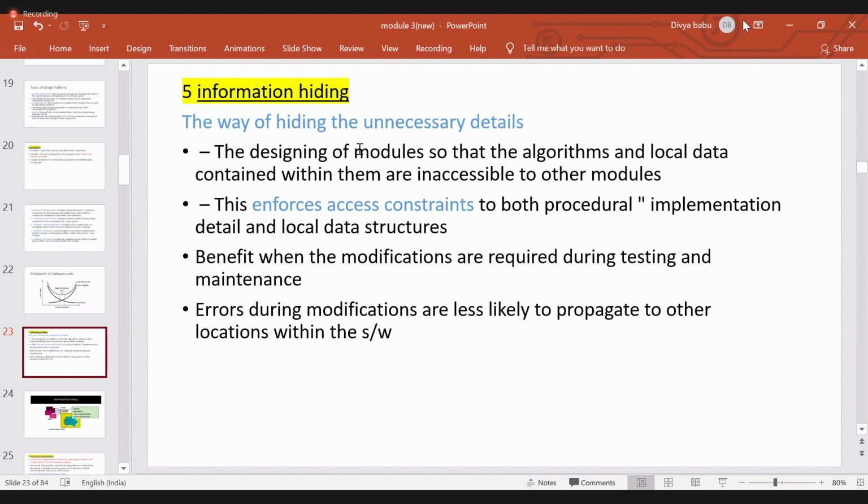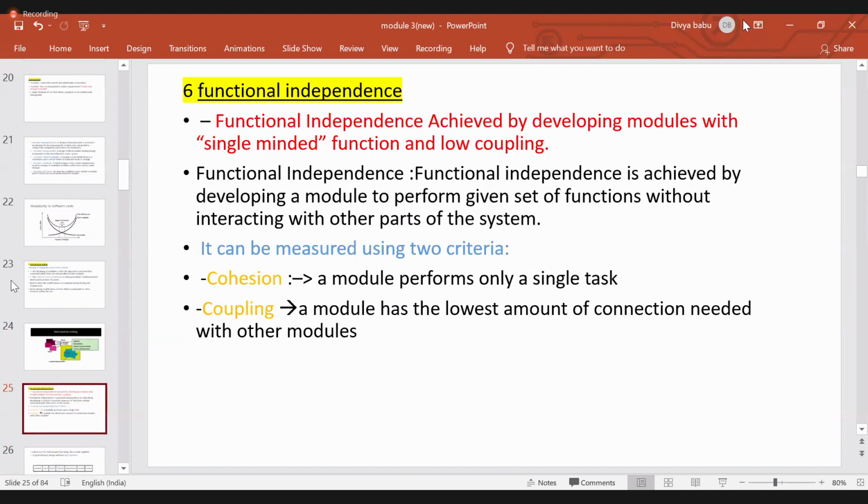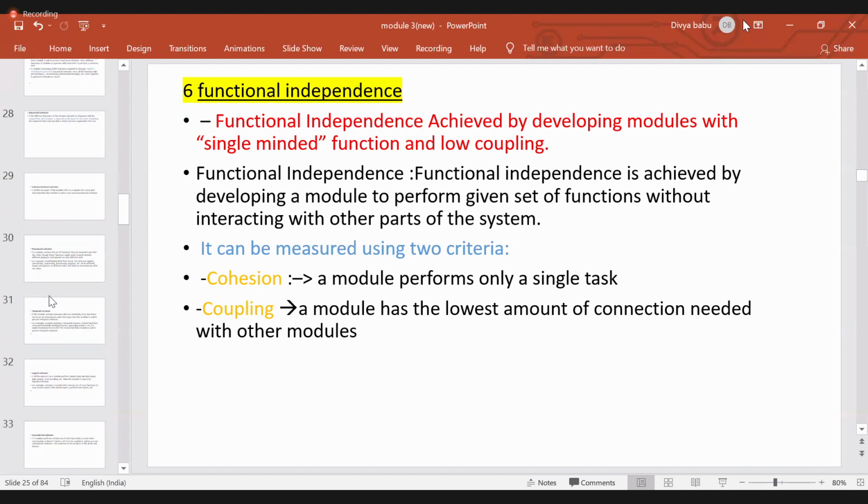I think people are very tired and not listening and not responding. So we'll explain information hiding and cohesion in the next class. Information hiding versus functional independence.